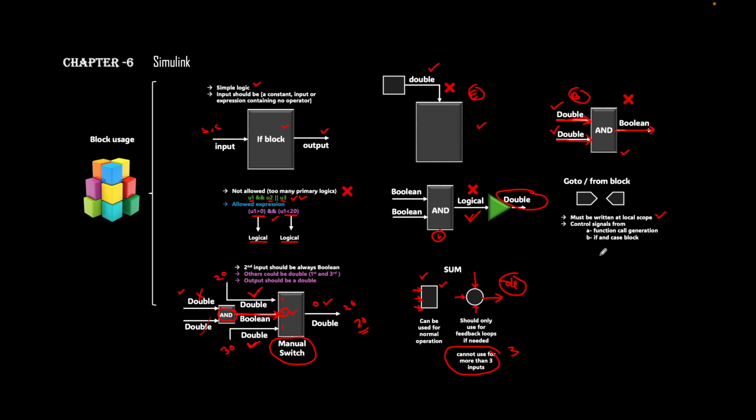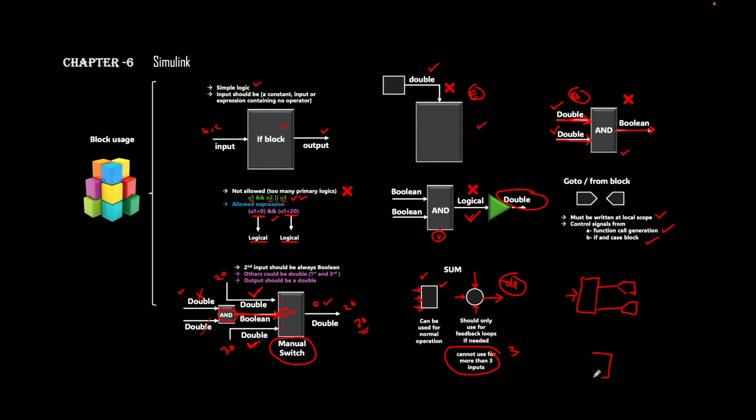Suppose you want to use it for control, like function call generation or an if and else block statement. You can have an if else block like this, and there will be some signal going in. You will have a go to here like this, and one more go to here, and the same thing will have a from block.